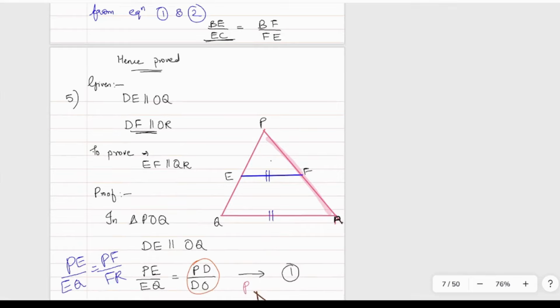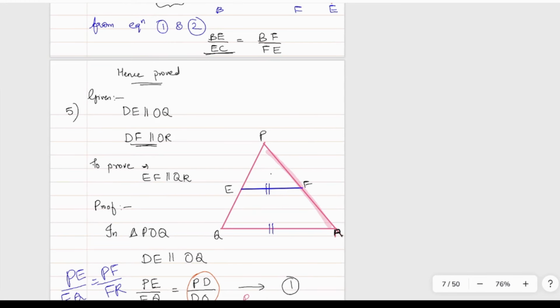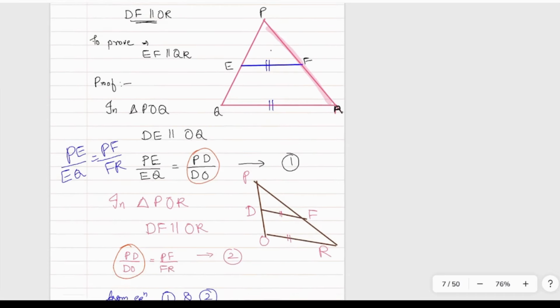Clear? And what is our question? They are asking us to show that EF is parallel to QR. So it is done, right?